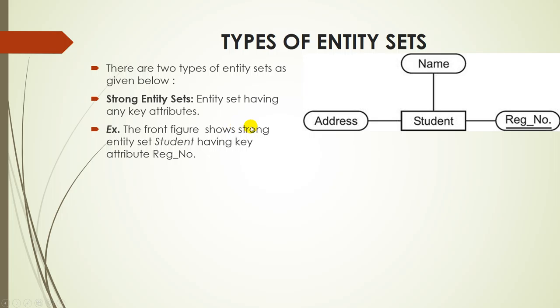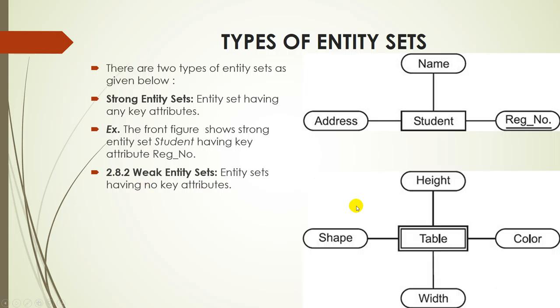The next is a weak entity set, having no key attributes. Here is an example.